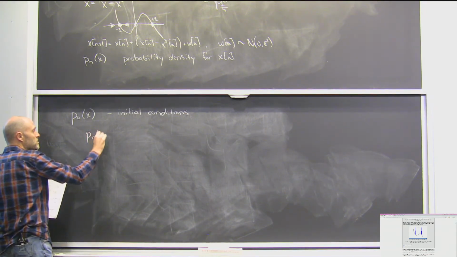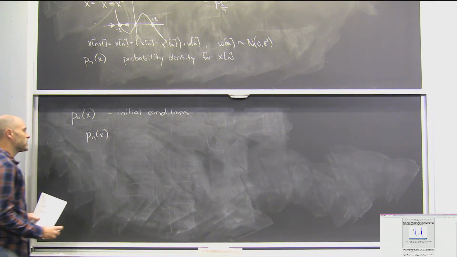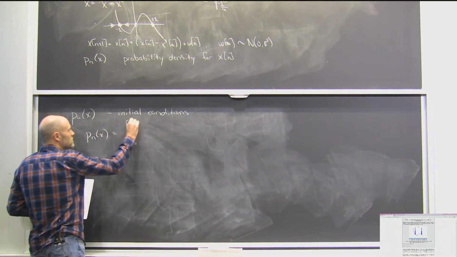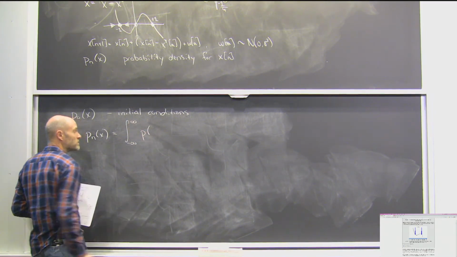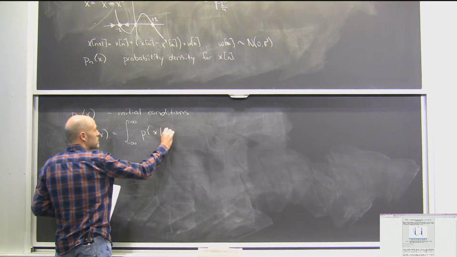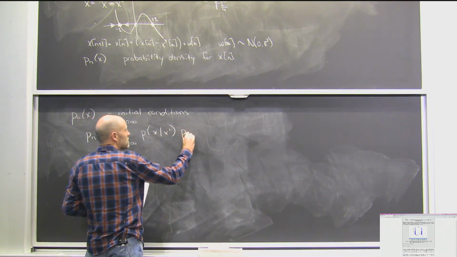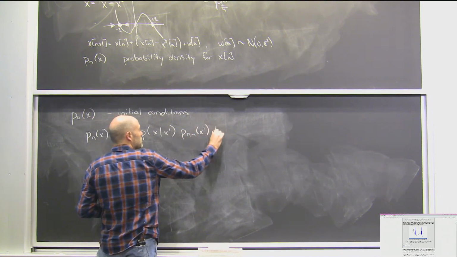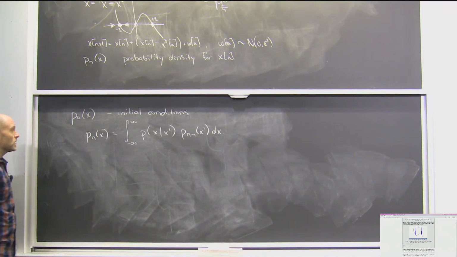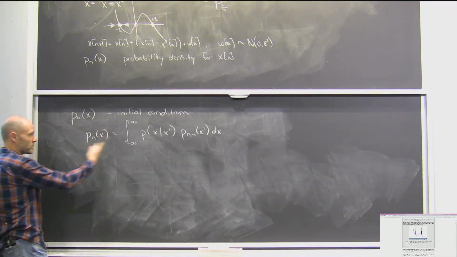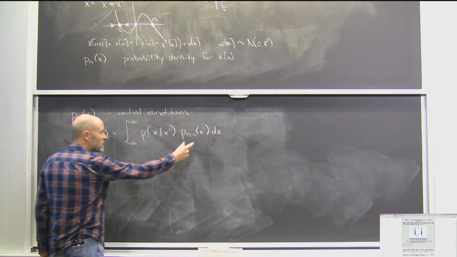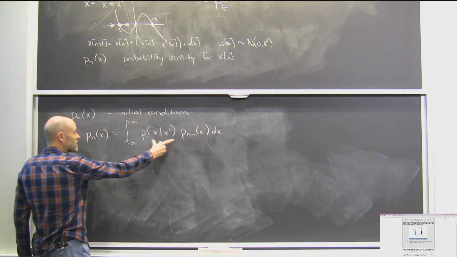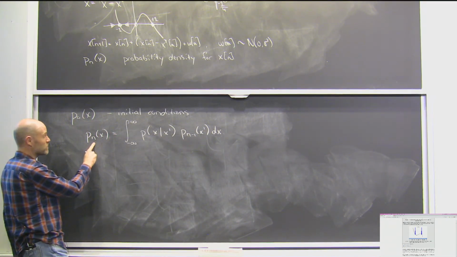then I can write P_n(x) as, since I have continuous states here, an integral of some conditional distribution times P_{n-1}(x') dx'. So there is some dynamics governed by the simple laws of probability here, which tells me if I have a distribution of possible x's at time n minus 1, I can use an update to come up with the distribution at time n.